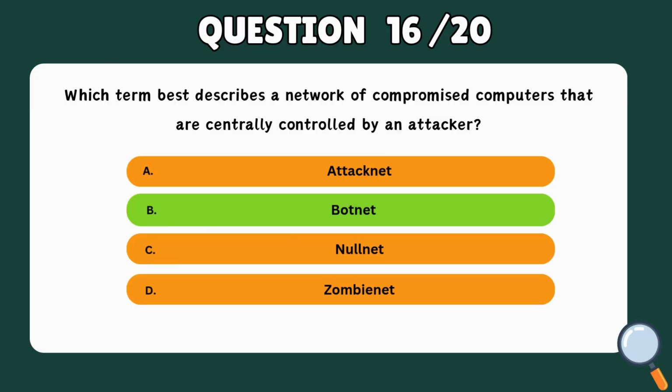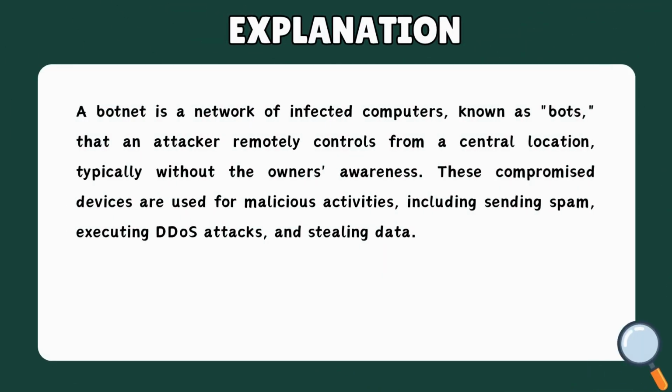B. Botnet. A botnet is a network of infected computers, known as bots, that an attacker remotely controls from a central location, typically without the owner's awareness. These compromised devices are used for malicious activities, including sending spam, executing DDoS attacks, and stealing data.